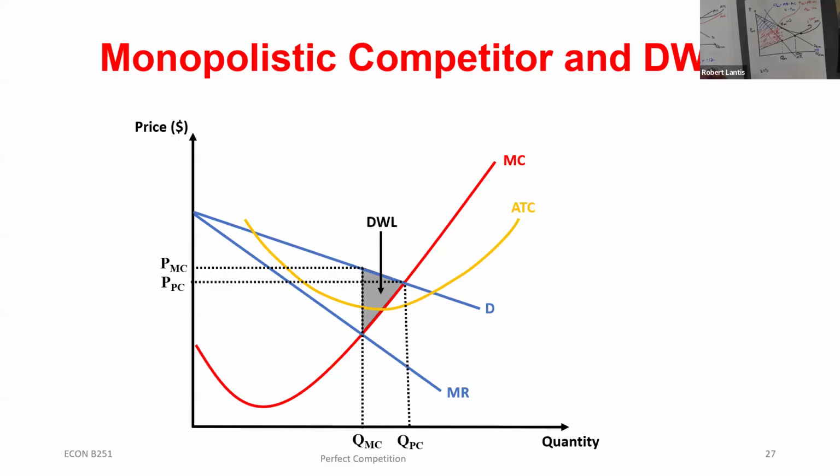Now, where would the price be if they were acting like a perfectly competitive firm? It would be where their supply is equal to their demand curve. So if this was a perfectly competitive market, or the firm was acting as though it was, they would set the price where supply is equal to demand. So notice the monopolistically competitive firm chooses a lower quantity and a higher price. Okay? Everybody with me on that?